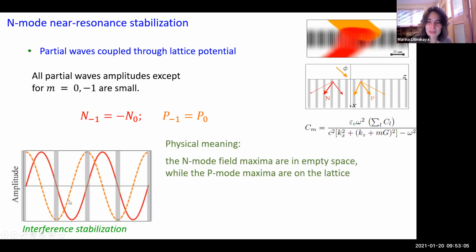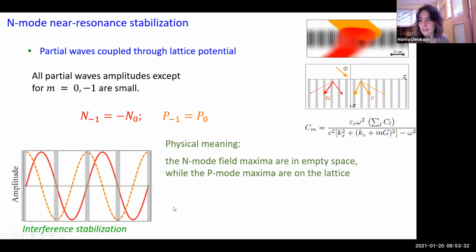The positively refracting mode has its nodes in the vacuum and its maxima in the atomic layers. And that's why it gets absorbed when you come closer to the resonance. In contrast, the negatively refracting mode has its antinodes in vacuum and zeros inside the material layers. And that is why it is resistant to the absorption.